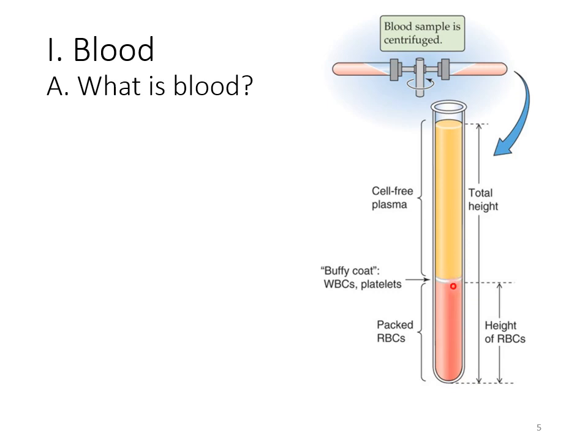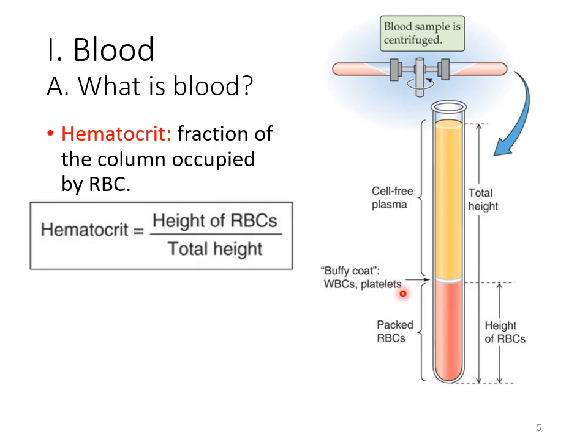Most of these formed elements are actually your red blood cells, and the small whitish sliver called the buffy coat is where you will find the white blood cells and the platelets. The proportion of red blood cells in the blood is also known as your hematocrit. The hematocrit is the fraction of the column of blood occupied by the red blood cells.